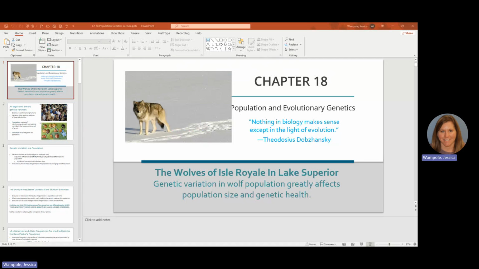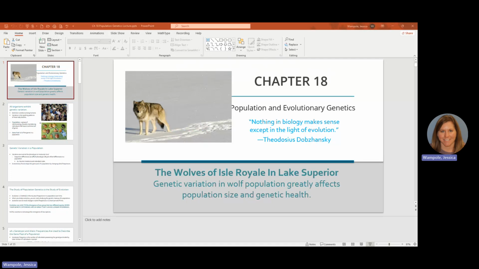The other side of evolution is what we would call macroevolution. Macroevolution is big, broad patterns of evolution, origins of new species, drastic changes, origins of new traits, etc. Mostly we're going to focus on microevolution, changes that are happening at the population or species level.